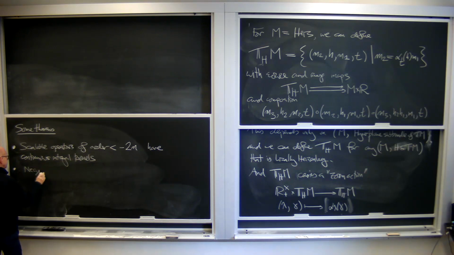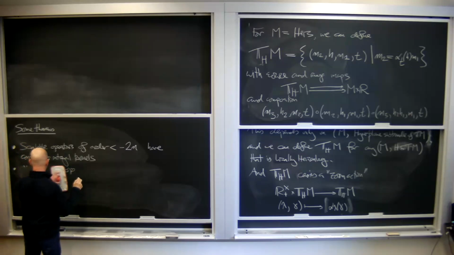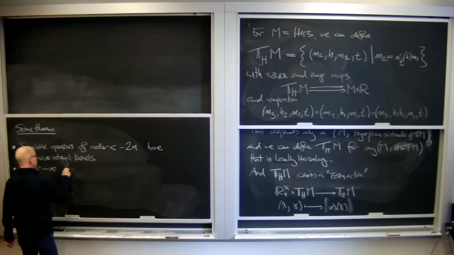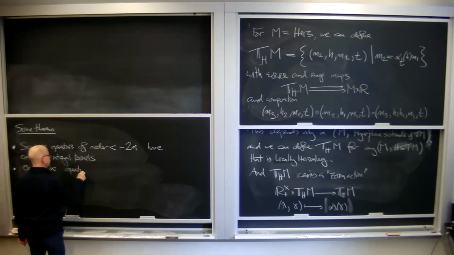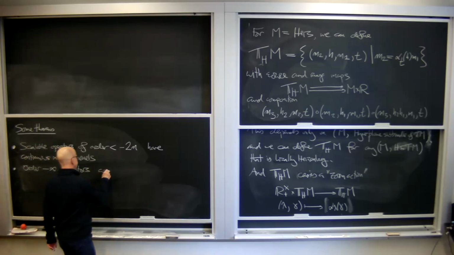So any negative order operator, therefore, by the same argument that we used, maybe this is the second most important theorem. Order minus infinity, maybe it's the most important theorem. If you have an operator which is order minus k for every k, then these are actually smoothing operators.